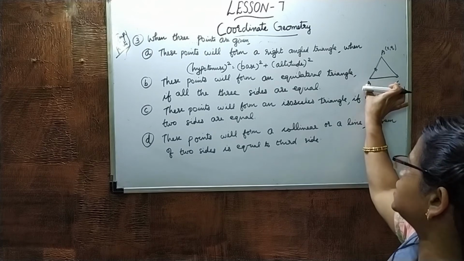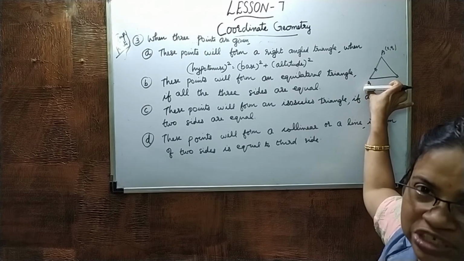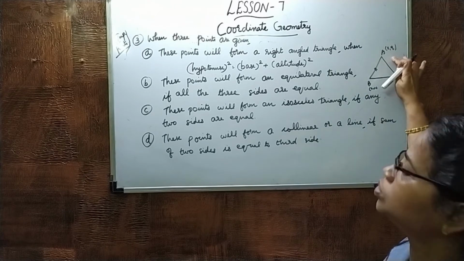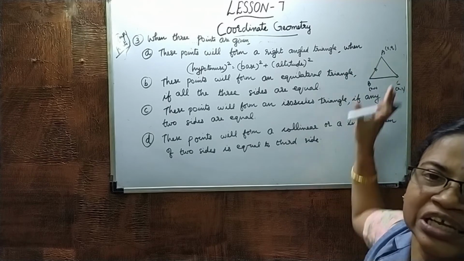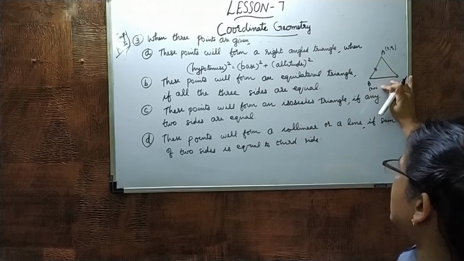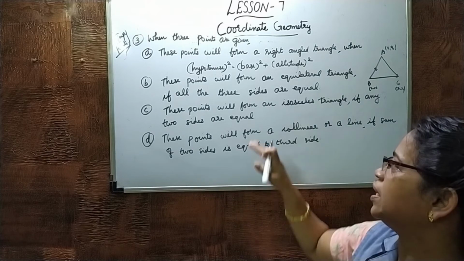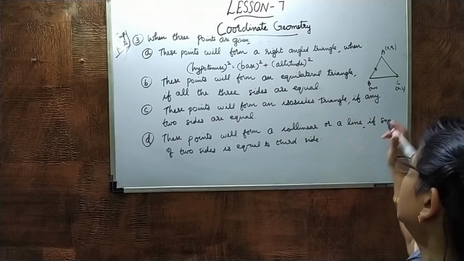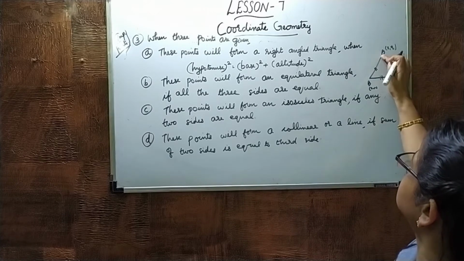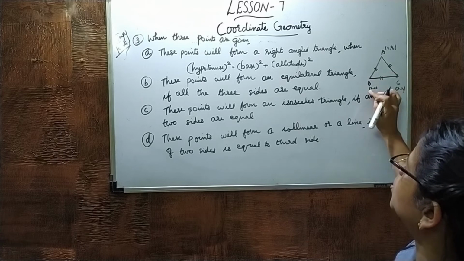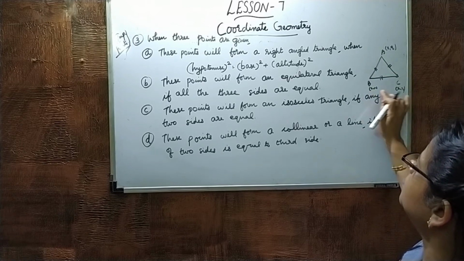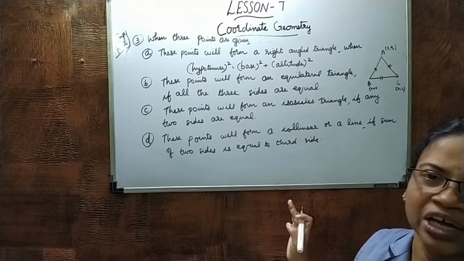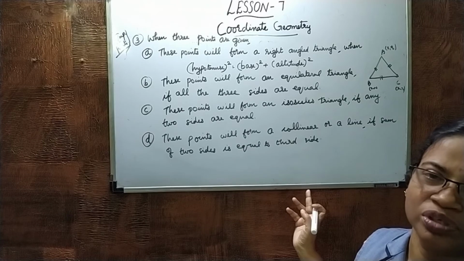Side BC means the distance between B and C using the distance formula. Side AC means the distance between A and C using the distance formula. That will be the 3 sides. If you get these 3 answers the same, you can say it is an equilateral triangle. Clear? So the distance between AB should be equal to the distance between BC, which should be equal to the distance between CA. Clear? So using the distance formula you can find it.